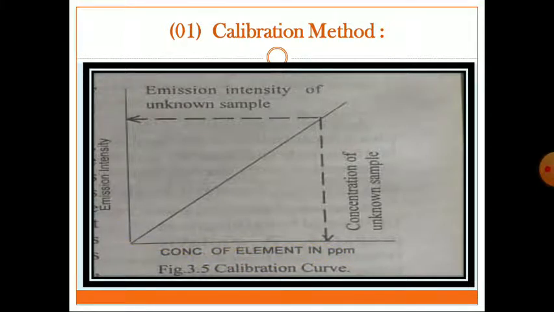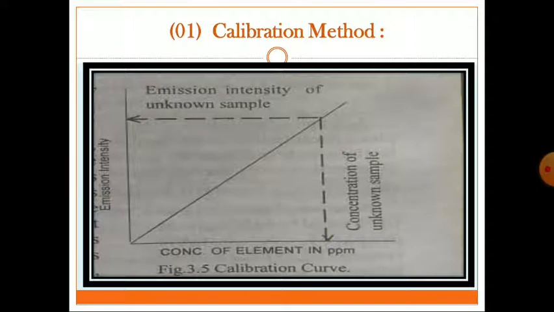From whatever emission intensity value we get, we draw a line to the curve and then a perpendicular onto the concentration axis, and we get the concentration of that unknown sample solution. This is about the calibration curve method.